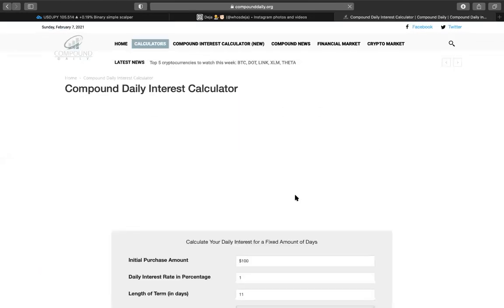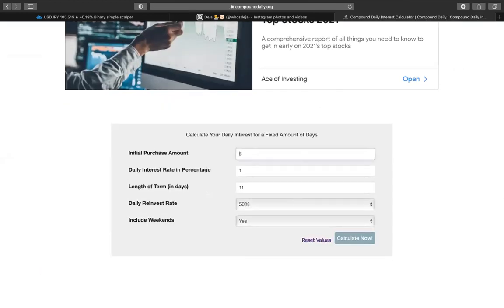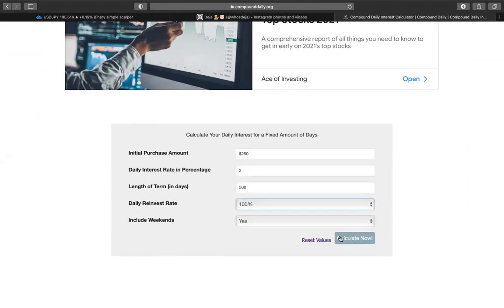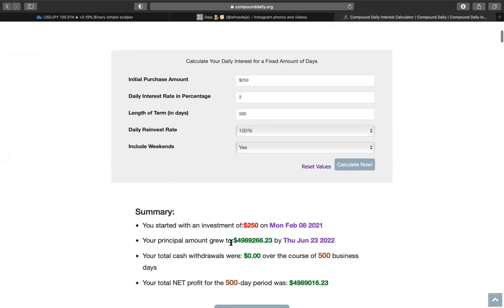If I even have a $250 account and I am so impatient that I only average 2% a day, and let's say I do this for 4 years, trading for 500 days, you still will make a lot of money.